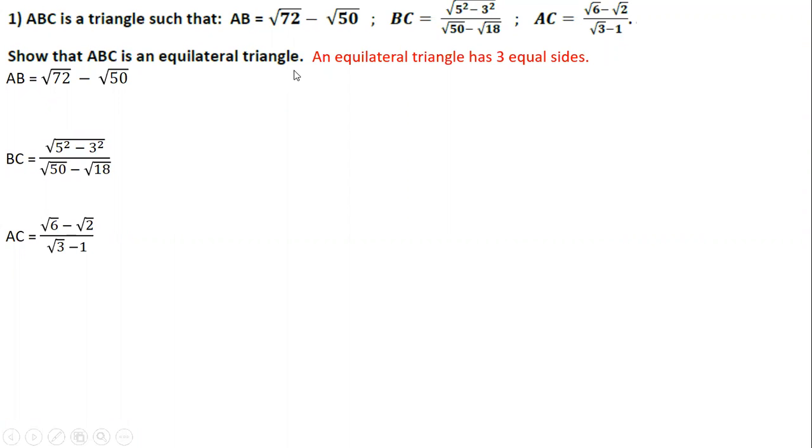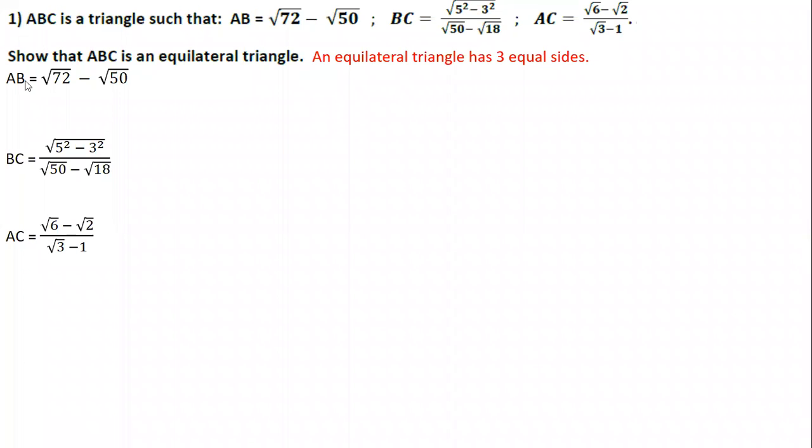Yes. If you look at AB and BC and AC, Yasmina, do you see them equal to each other? No, they are not equal to each other. So I should do something to prove that they are equal, right?